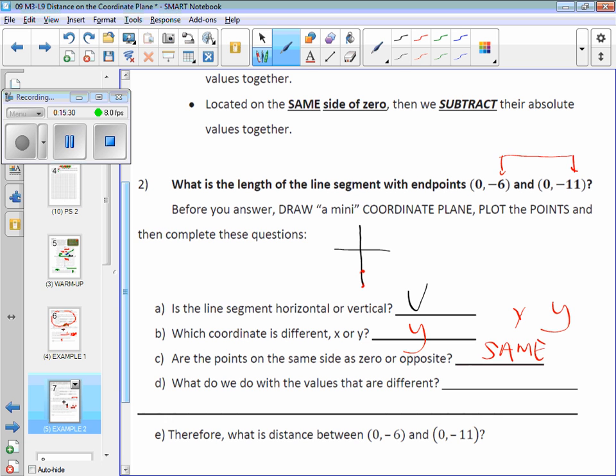What do we do when the values are the same? There's a typo, right? Do you have the typo on your sheet or was it corrected? Because the signs are definitely the same. I got to change it for next year. What are you supposed to do?